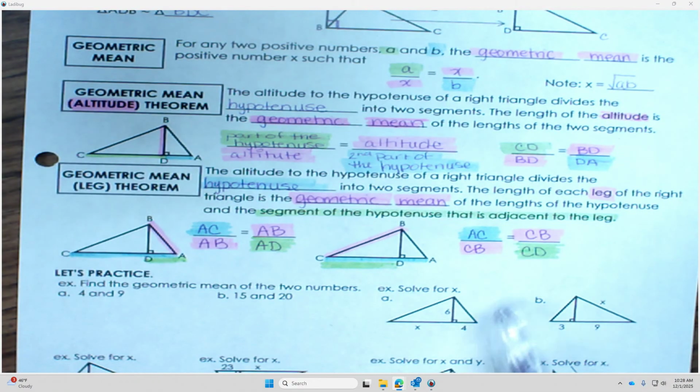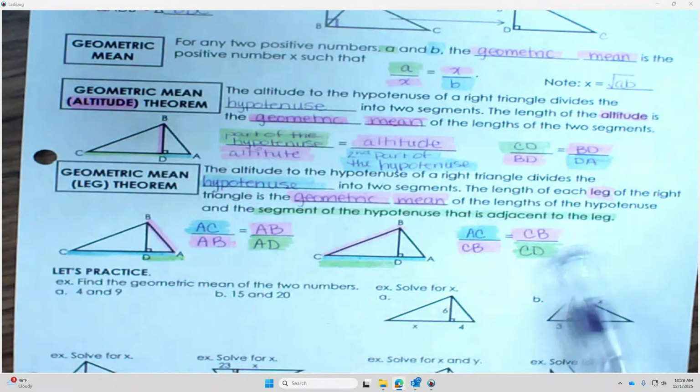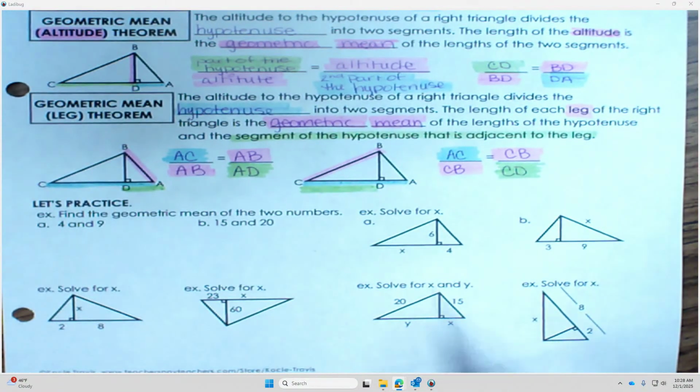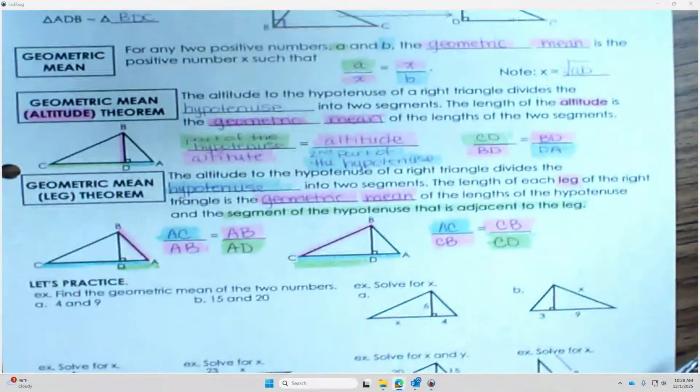All right, you're going to use these formulas we just did to do the math at the bottom. If you think you're prepared, go ahead and pause the video and try these problems on your own. If you want me to walk you through them, stay tuned, or pause and come back and check your answers. We've got three things we're going to be able to do.